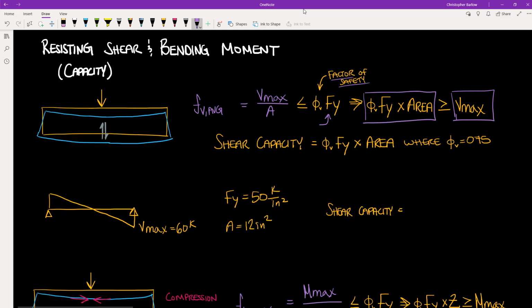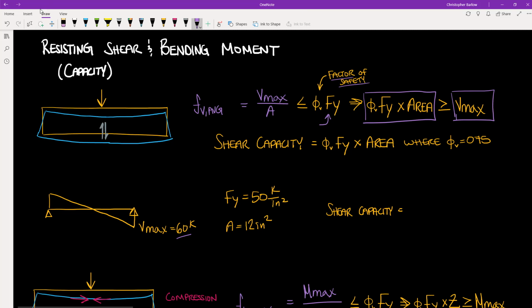So let's look at this example where we have a maximum shear force in the beam of 60 kips. And just by looking at this shear diagram, we can also infer that this is a simply supported beam with a uniformly distributed load.